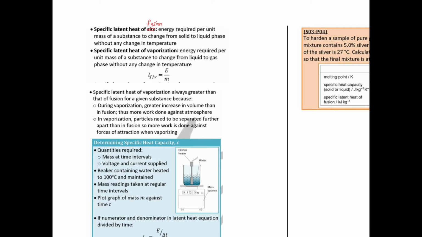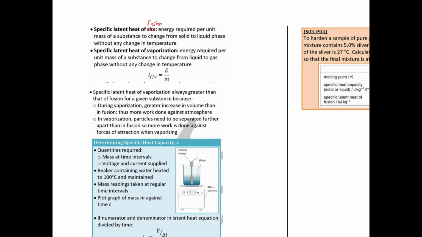The difference is for melting, once you get your E, your E is a positive value. For freezing, once you count and get your E, it is a negative value.